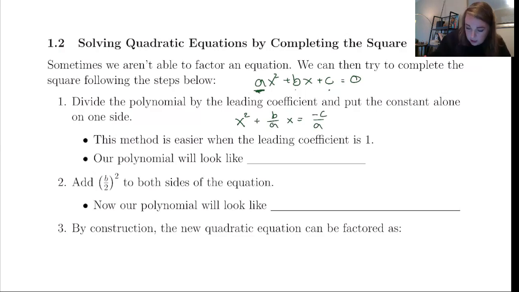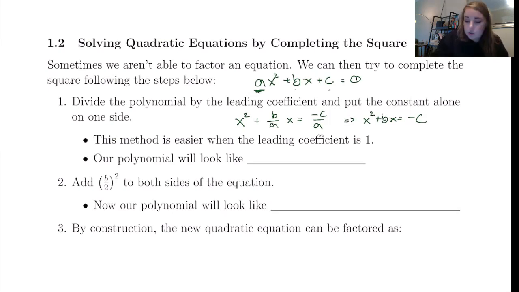So we're just going to say that it looks like x squared plus bx equal to negative c. Okay. Just to kind of skip that dividing by a, I don't want that to get too confusing.